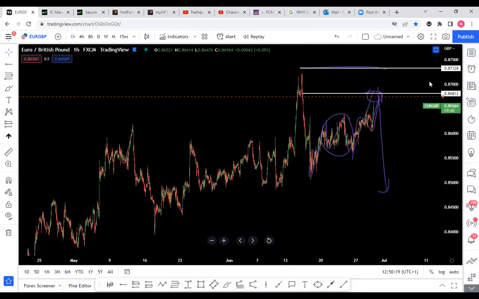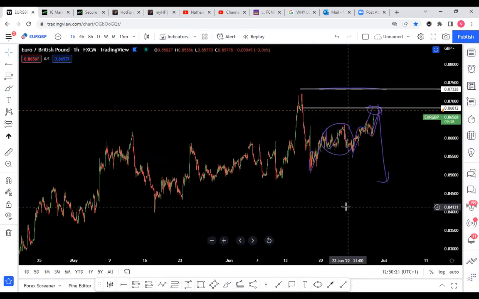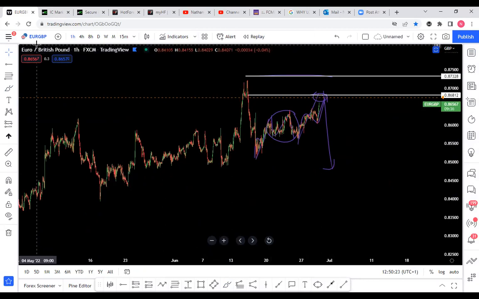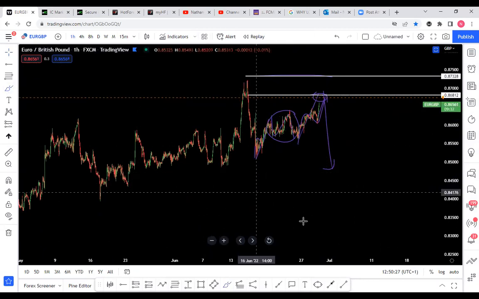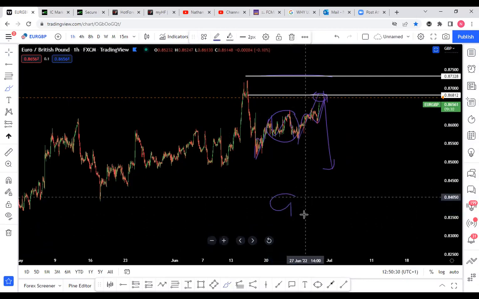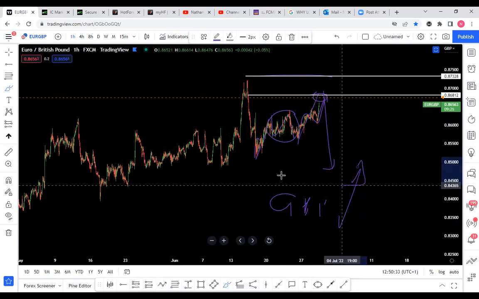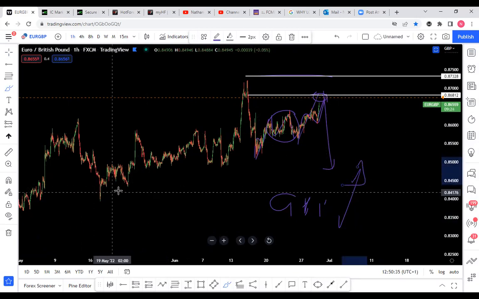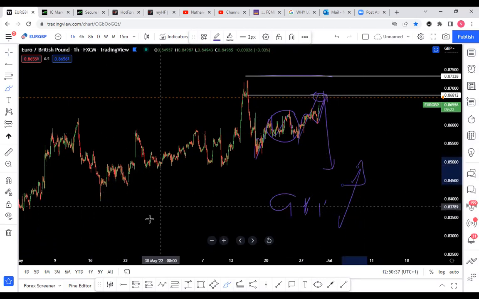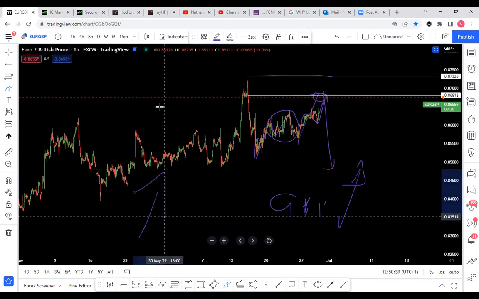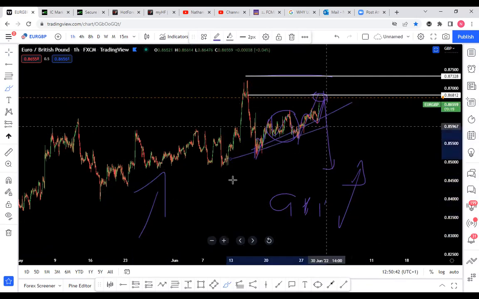And remember that if this Euro GBP is going down crazily, also expect that GBP CHF will start its move to the upside. Why our trade, I had a trade on GBP CHF, why it did not succeed was because of this Euro GBP.